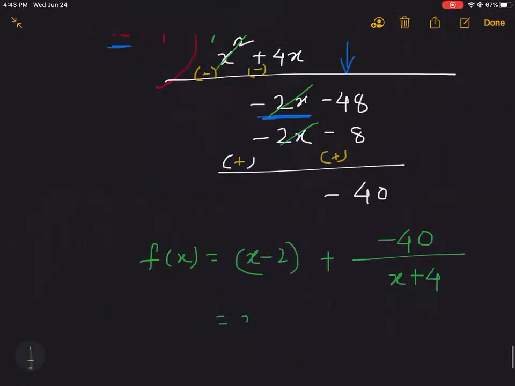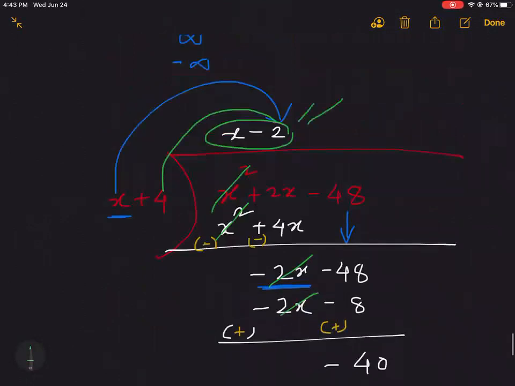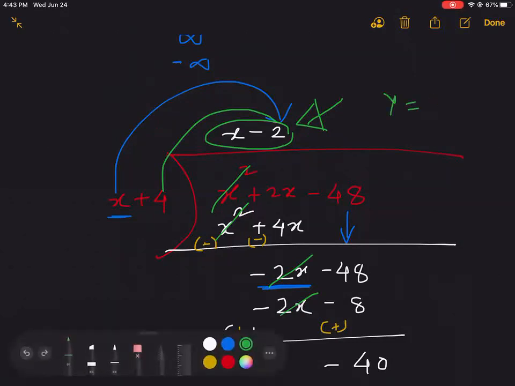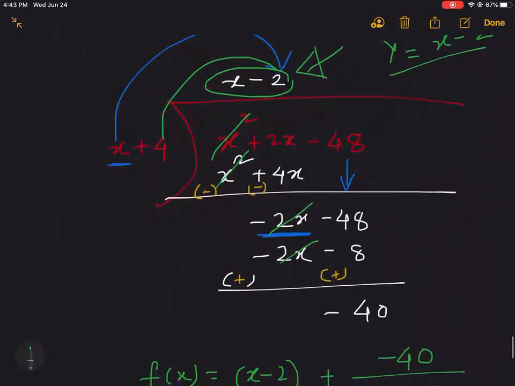That means it's actually x minus 2 minus 40 over x plus 4. Okay, that's the way to write it. But for the oblique asymptote, a shortcut is the quotient is your oblique asymptote. So your answer will be y equals x minus 2. Okay, does it make sense?